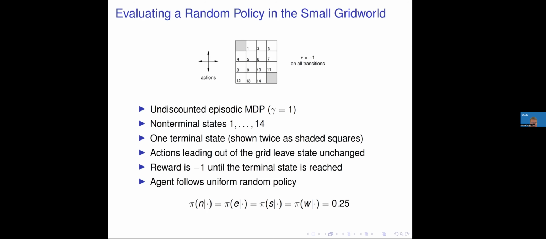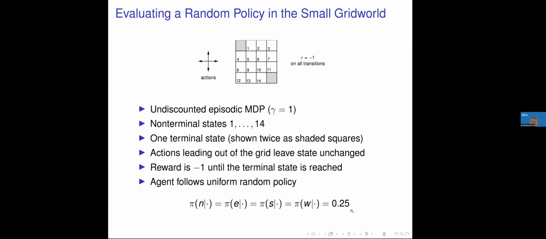And we just consider the random policy. In other words, at each state, the agent takes the 4 different actions with equal probability 0.25. We just want to evaluate how good this random policy is.